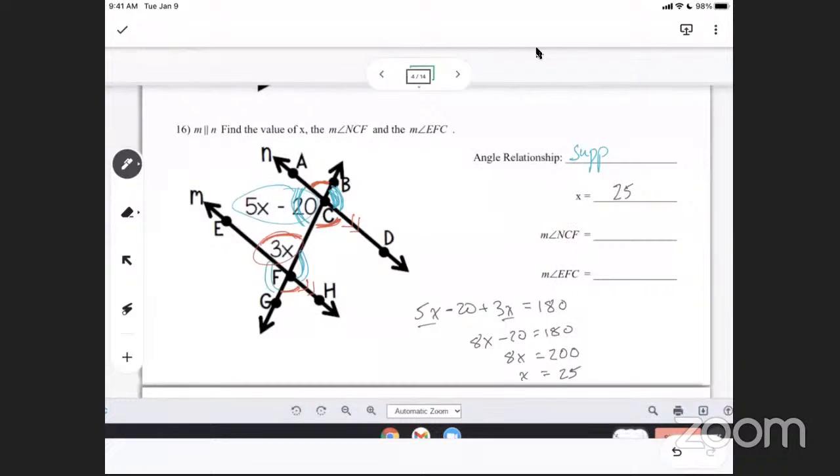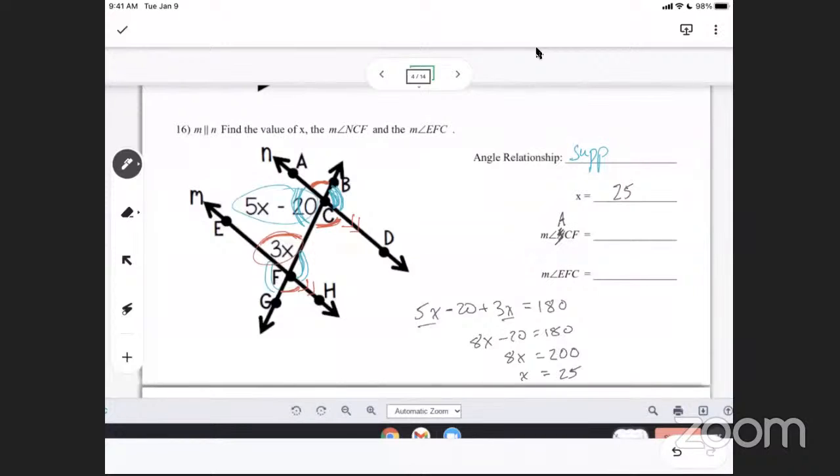NCF is not a thing. I think she meant ACF. N is the name of the line. I think that was a typo. I think she wants you to name ACF and EFC. Should be just plugging 25 back into it. Yes. So yeah, she just wants you to plug them back in.